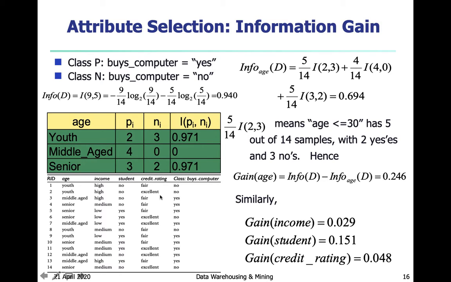If you consider the lows, how many lows are there? Four lows are there, six mediums, and four highs. Fine. So then what will be the split info of this income, according to this formula?